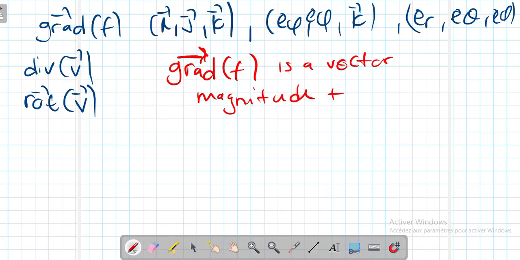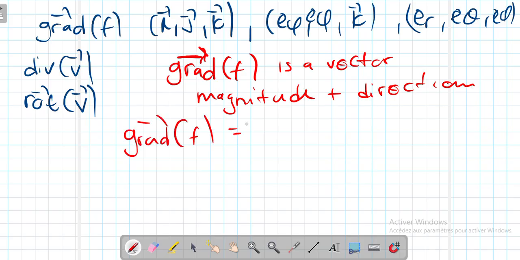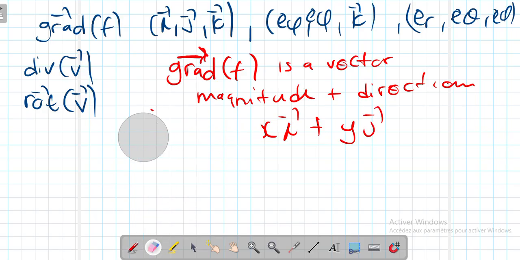The expression of the gradient will have a magnitude and a direction attached to it, because it's a vector. So the gradient converts a scalar into a vector, while the divergence converts a vector into a scalar.